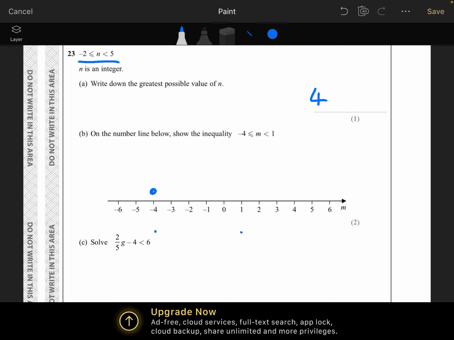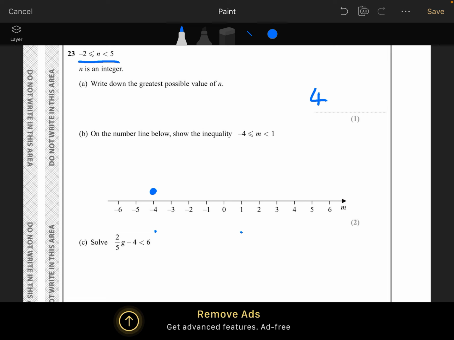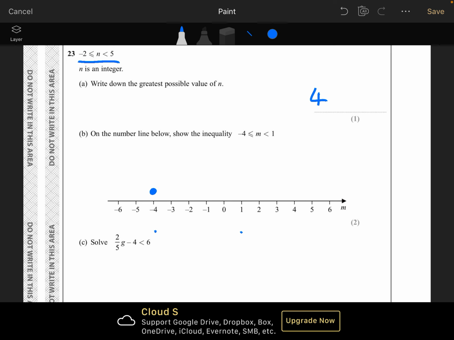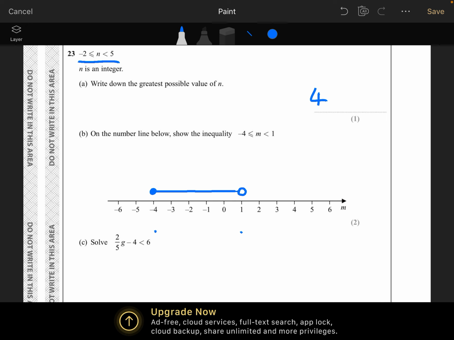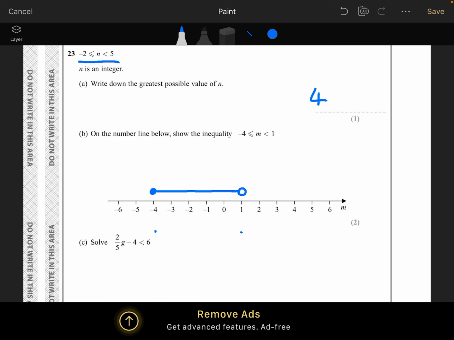So we put a circle coloured in for -4 because that includes -4, and then less than 1 means it does not include 1, so we need to put an open circle above 1, and then we need to join that with a straight line using a ruler. Okay, so now we've drawn the inequality.